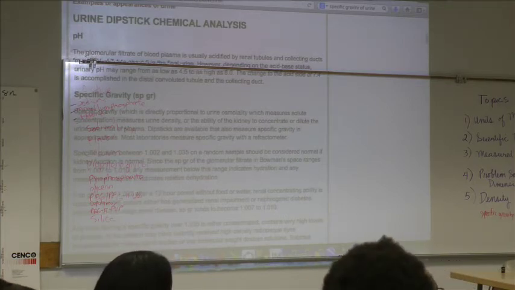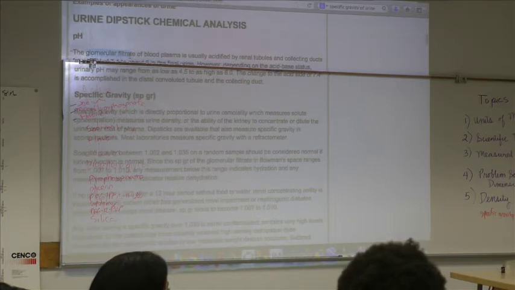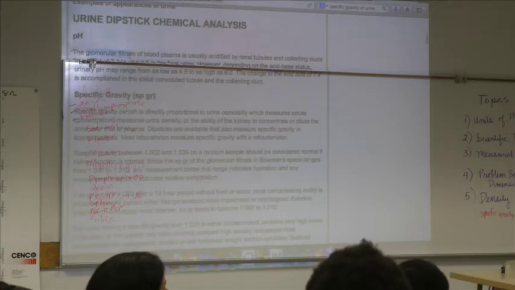How many have heard of the pH of blood plasma? What should be the pH of blood? 7.35 to 7.45. Most of you know that, right? So if the pH of blood is below that, it's acidic, and if it's above, it's alkaline.